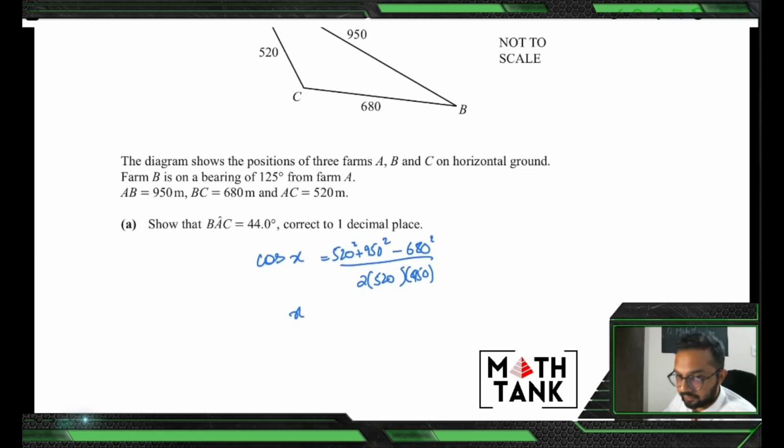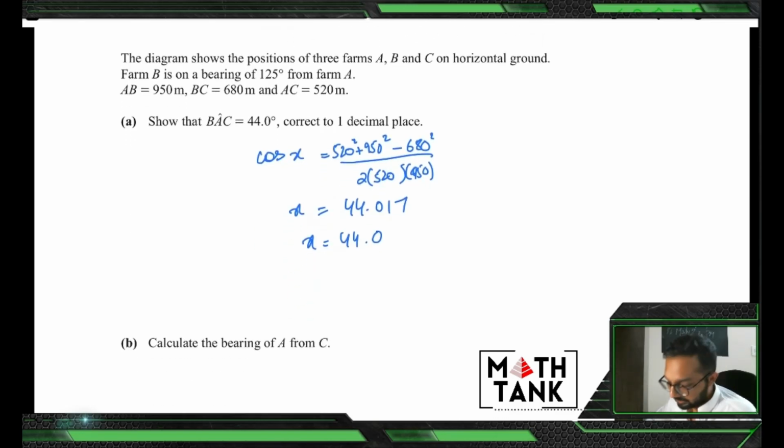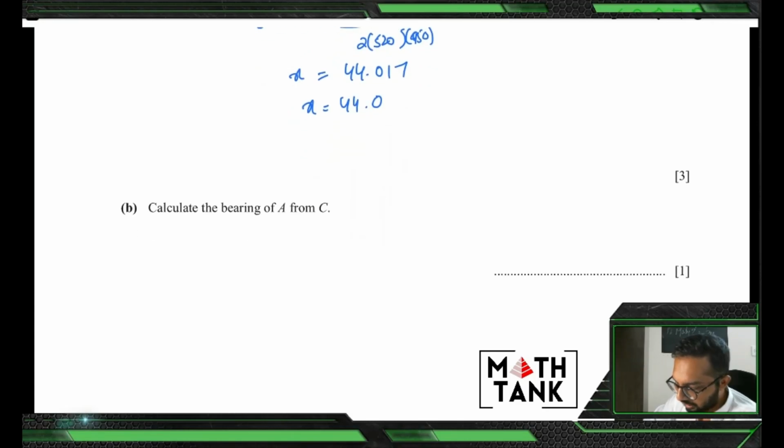So x is therefore cos inverse of 520 squared plus 950 squared minus 680 squared divided by 2 into 520 into 950. 44.017. So one decimal place is 44.0. Okay, that is my final answer. So I've shown, so you can just make a box over it, and that proves to you that you've shown.